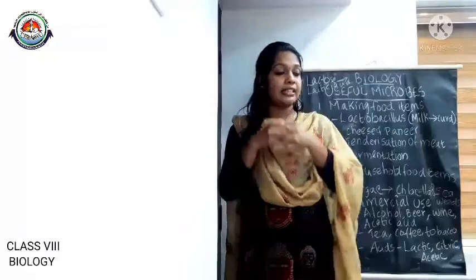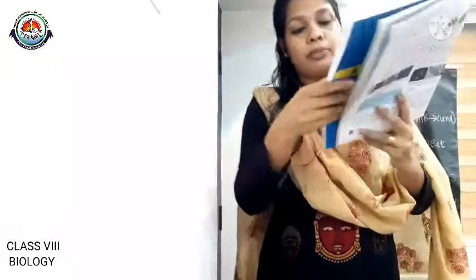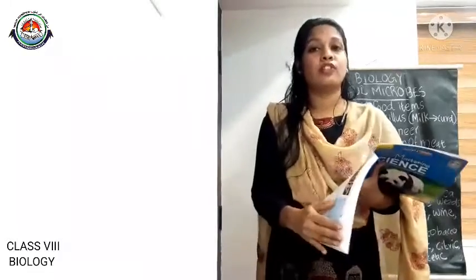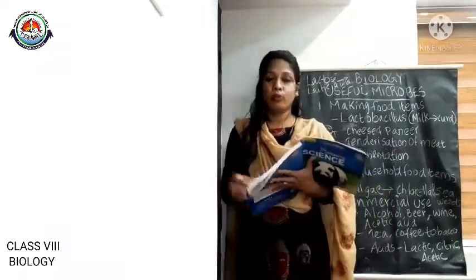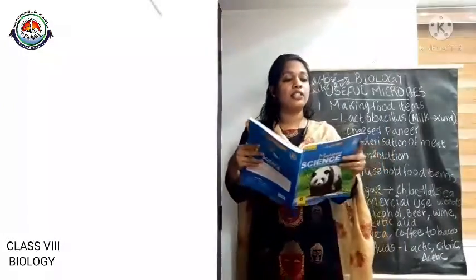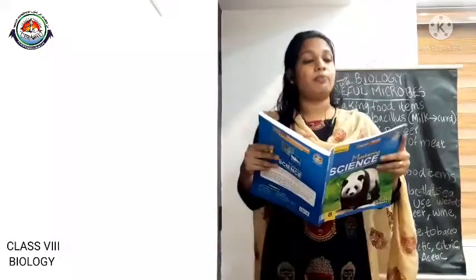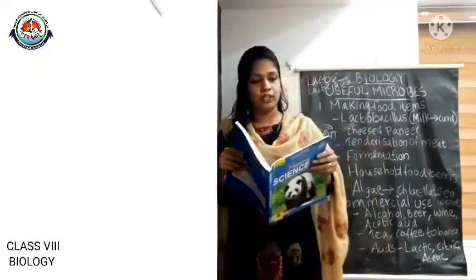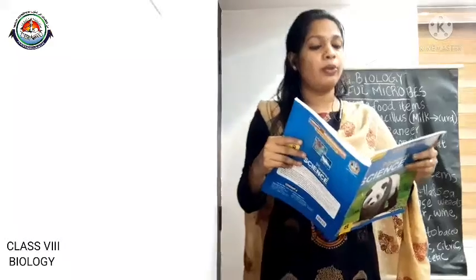And there is an activity given in your textbook to observe the increase in volume of dough during the fermentation of sugar present in dough by yeast cells. We know that during the fermentation of sugar, alcohol and carbon dioxide are produced, right? So for that, half a kg of flour, sugar, yeast powder, warm water and a container are used. Take flour, add 2 tablespoons of sugar and mix with warm water. Then add a tablespoon of yeast powder and knead to make a soft dough.